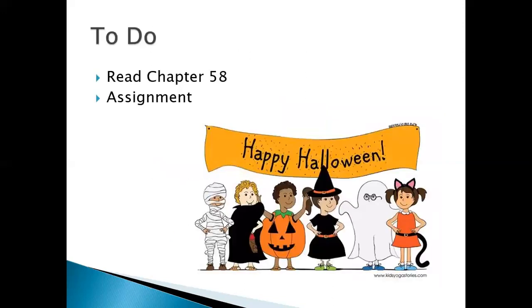So to do, read chapter 58 and complete the assignment. For your assignment, you will assign the clinical and pathologic AJCC stage and the summary stage for each case. For these cases, the patient did not receive any neoadjuvant therapy. With prostate cancer, neoadjuvant therapy really is not done.